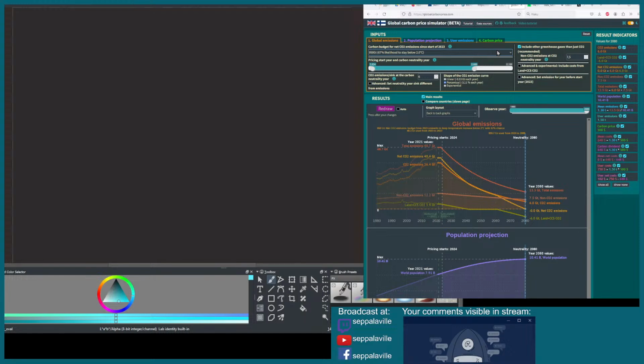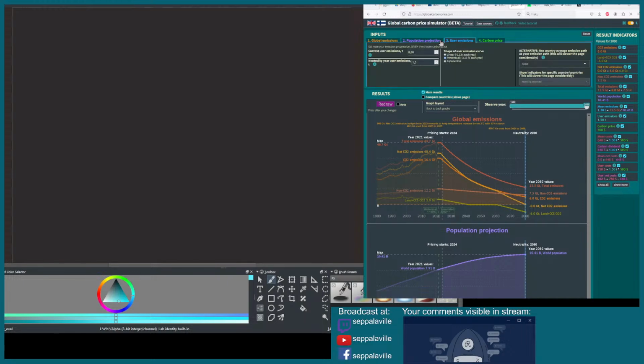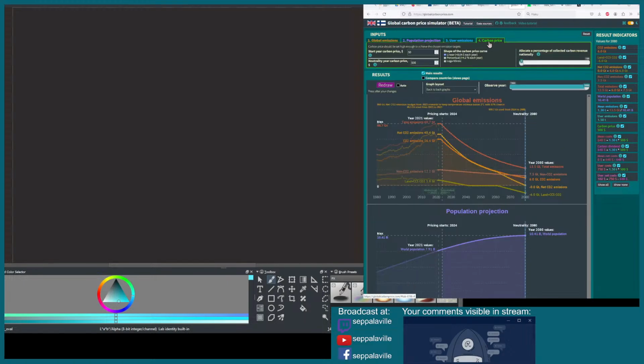I'm not gonna present the page here too much. You can go try it out yourself, but I want to emphasize that the most uncertain thing about the site is the level of carbon price that is adequate for reaching those climate goals.